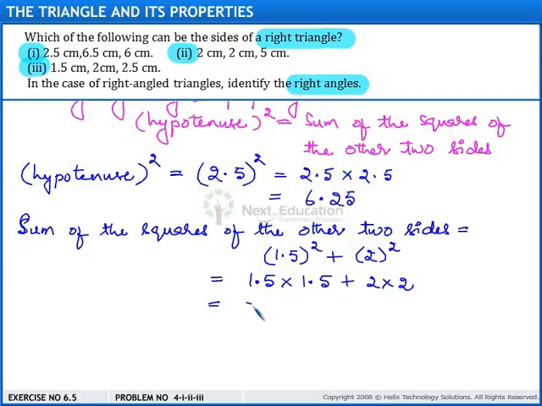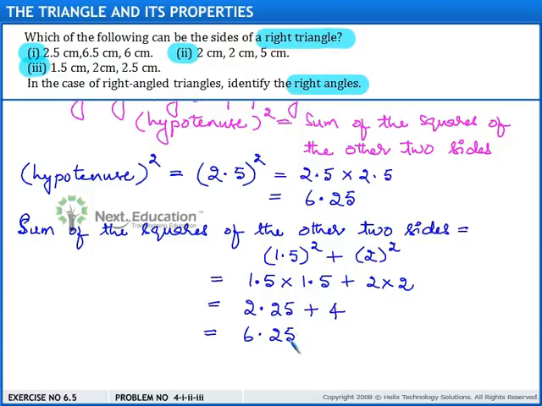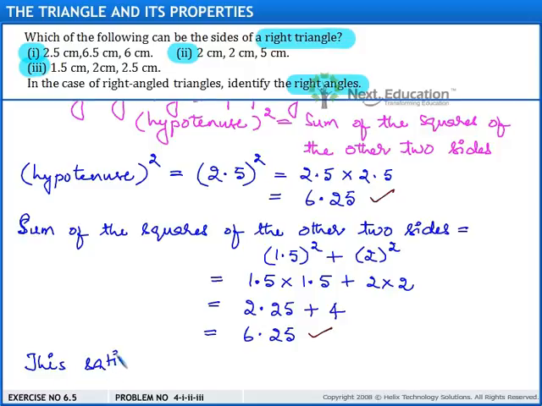So on multiplying, you will be getting 2.25 plus 2 multiplied by 2 is 4. So on adding, you will be getting 6.25, which is equal to the square of the hypotenuse. As these two are equal, we can say that this satisfies the Pythagoras property.